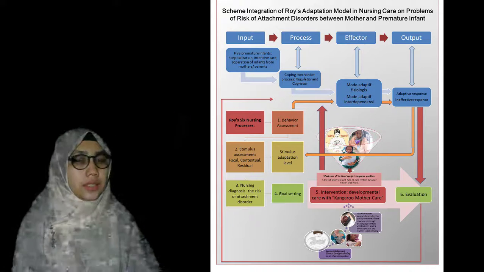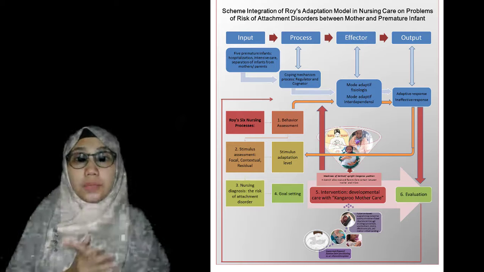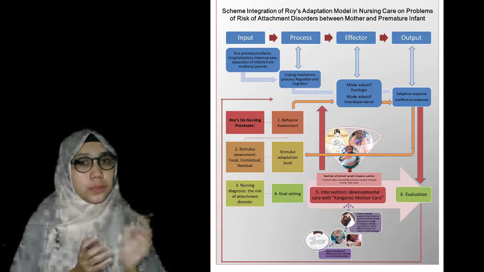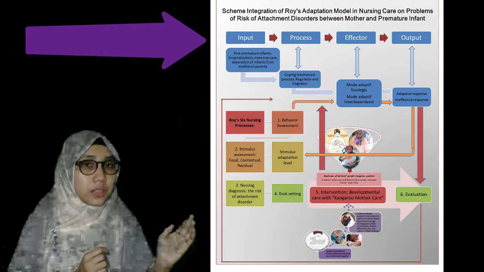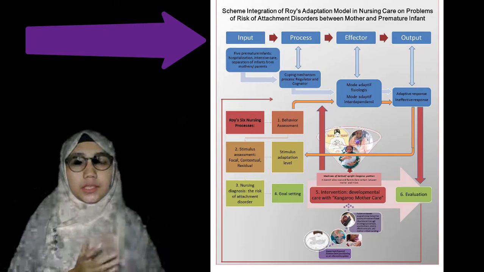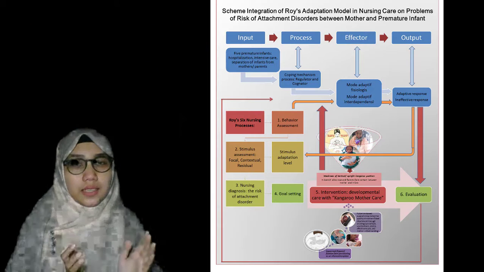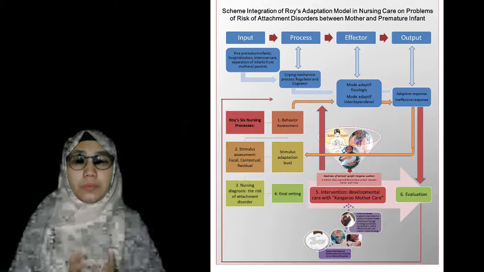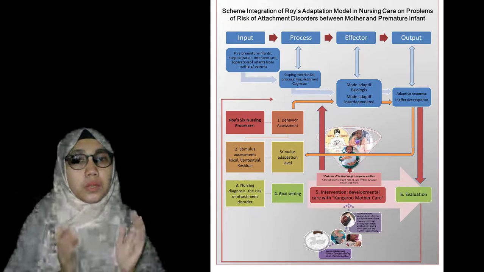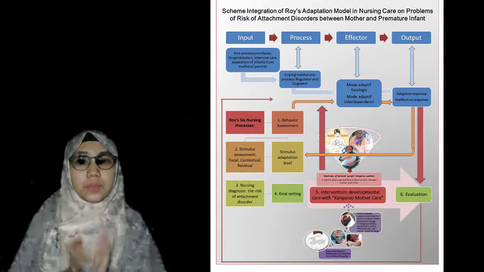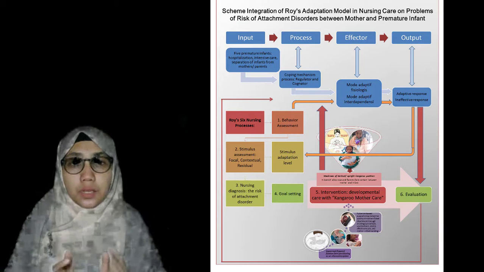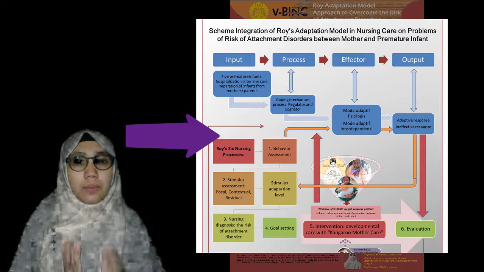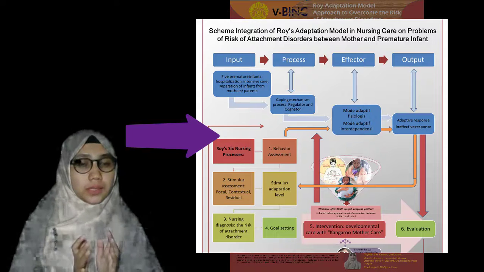As shown in the figure, the adaptation model consists of input, process, effector, and output. In this case study, I take 5 cases of premature infants which will be reviewed from a nursing perspective, through the 6 steps of the nursing process according to the Roy model.